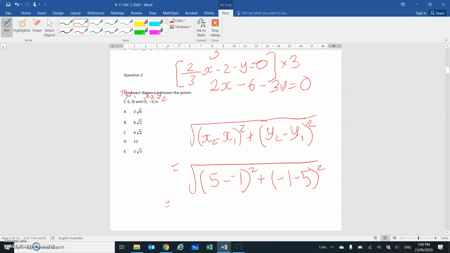Neatening this up, 5 plus 1 is 6 squared, plus -1 minus 5 is -6, all squared. So that gives us the square root of 72, which simplifies to 6 root 2, because 72 is 36 times 2. So the option is B.